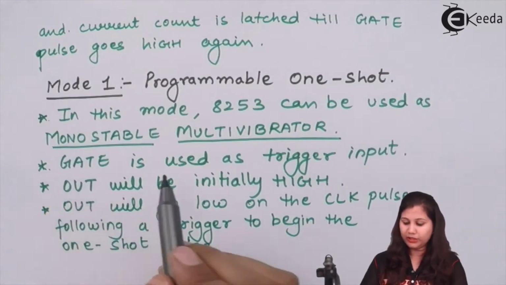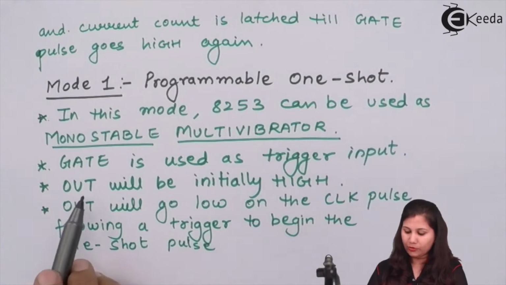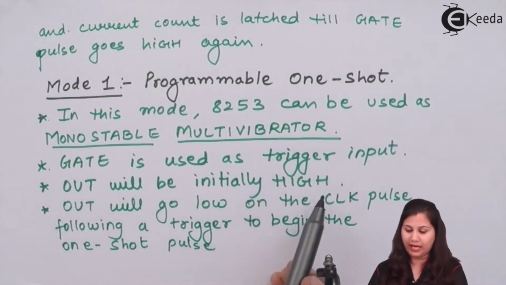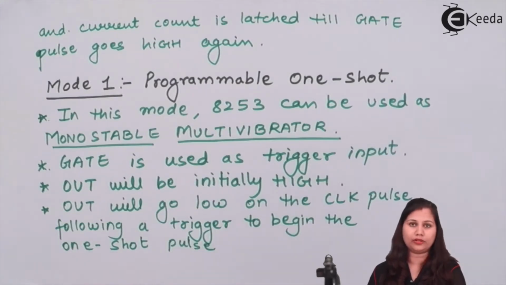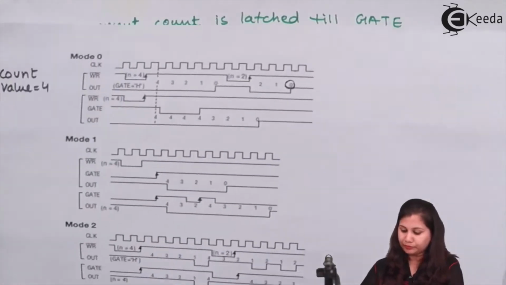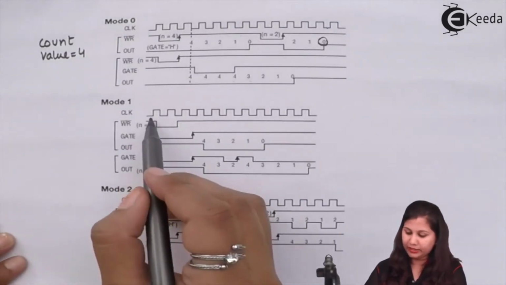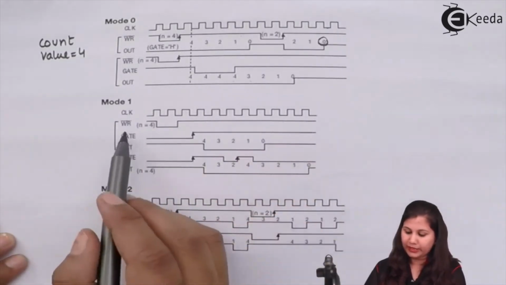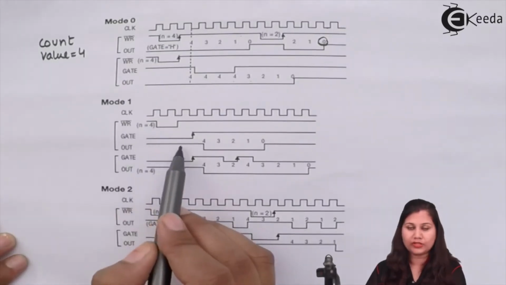The out signal will be initially high, and out will go low on the clock pulse following a trigger to begin the one shot pulse. If we see the timing diagram for it, this is for mode 1, and here is the clock pulse, then we have the write signal, then the gate signal and the out signal.